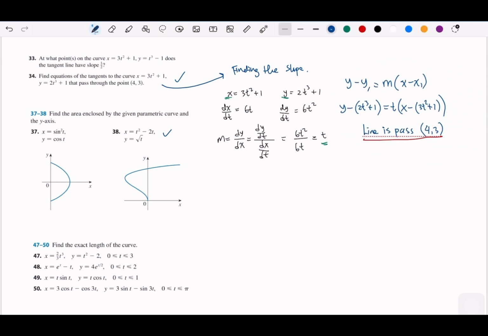The line is passing through this point, which means that we can substitute x and y. So we can write here, and perhaps we can solve it.